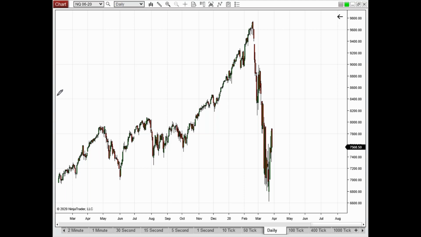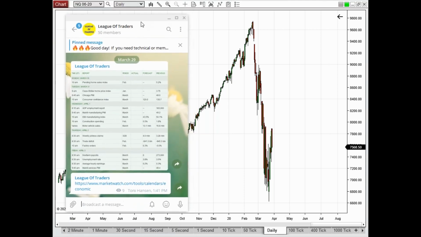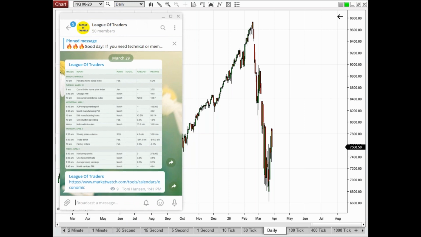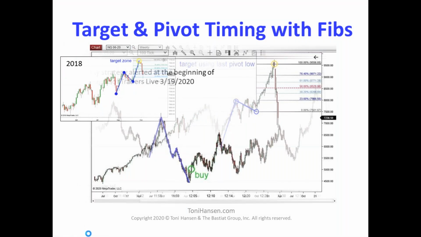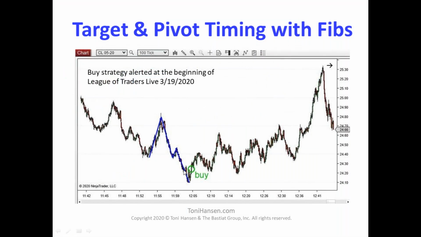So League of Traders, we've got a channel here. I am just going to pull up some of our charts on this. And here's just one example. This is coming off of the lows. So it's a version of that 2B.